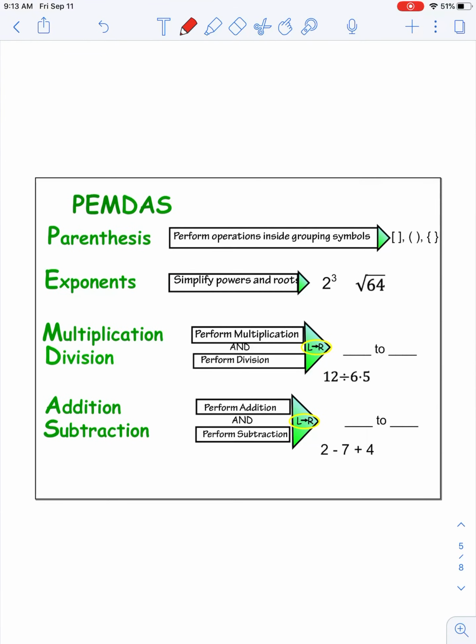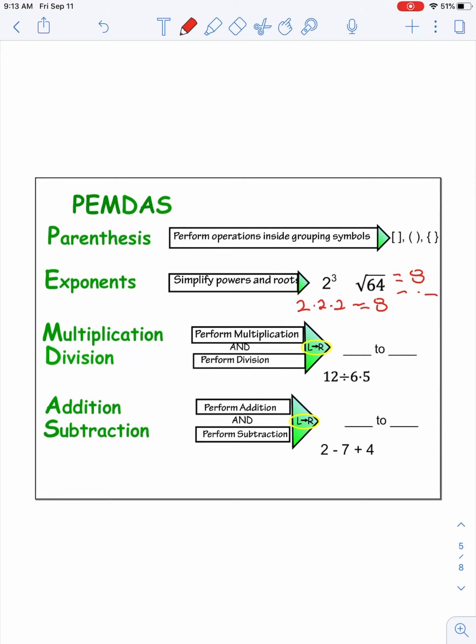If we look at the exponents, that's an example. 2 to the third, that means 2 times 2 times 2. That's an exponent, and that answer would be 8. The square root of 64 is asking what times itself equals 64. So the square root of 64 is 8, because 8 times 8 is 64.